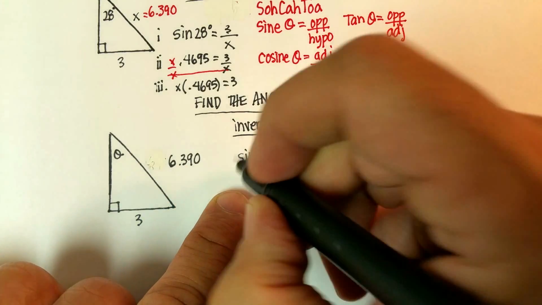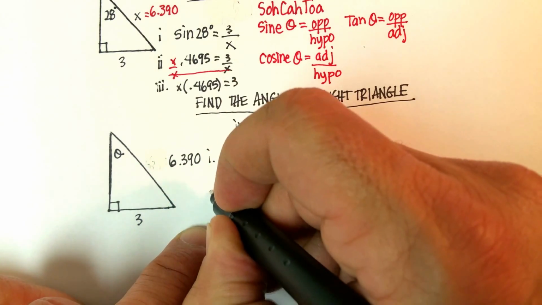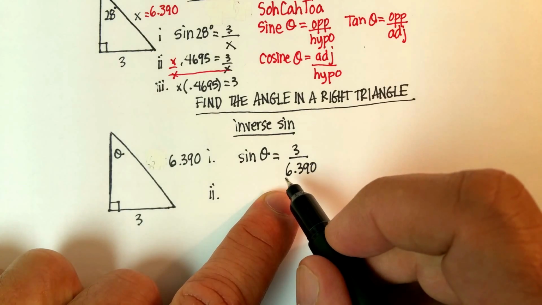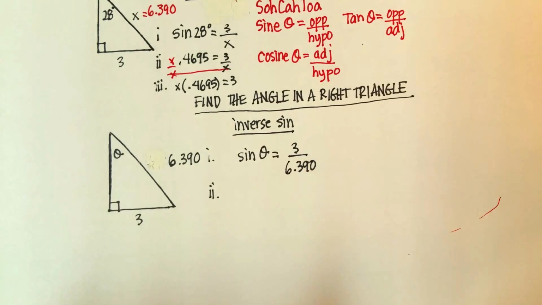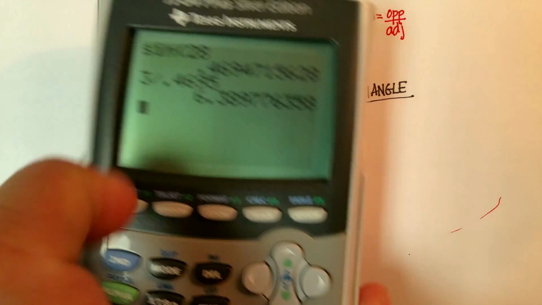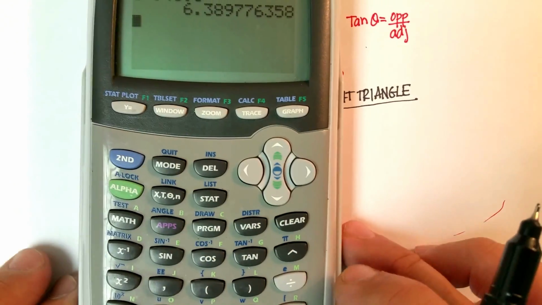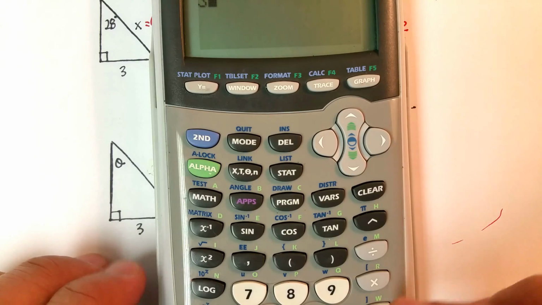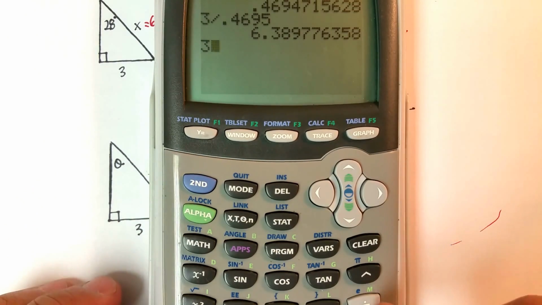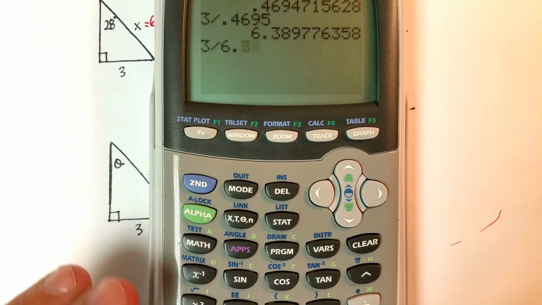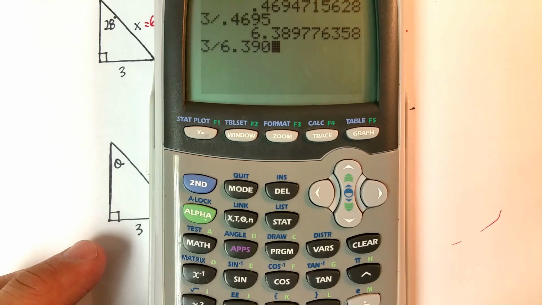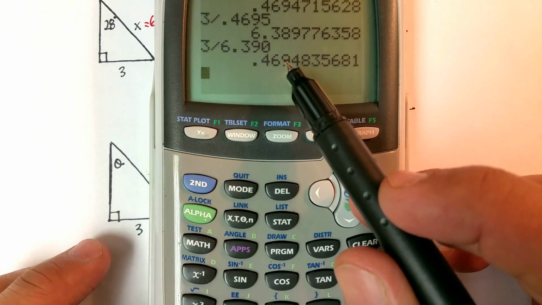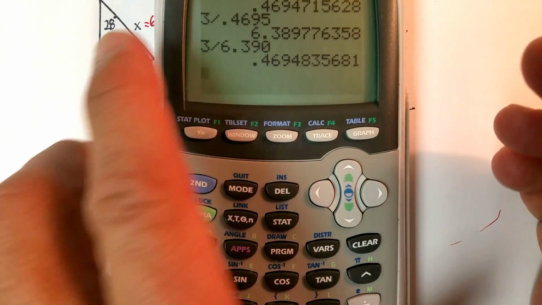Okay, now in order to start solving this problem, let's figure out what this ratio is. 3 divided by 6.390. So go back to our calculator. 3 divided by 6.390, and we found out that that's equal to 0.469, and let's just round that up to 5.